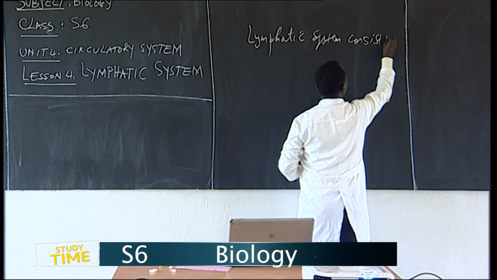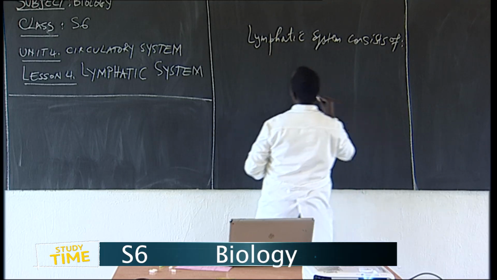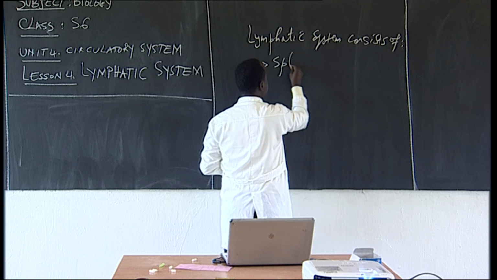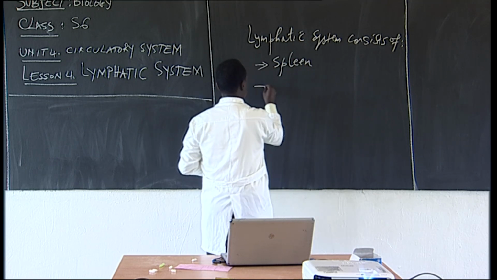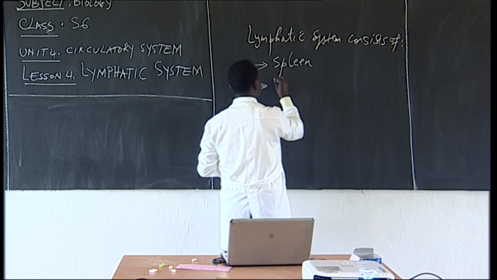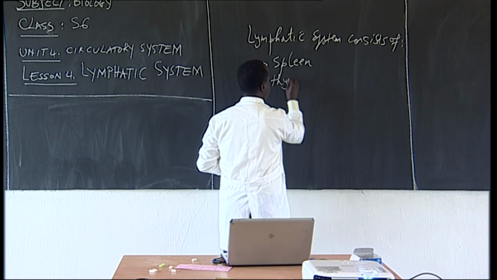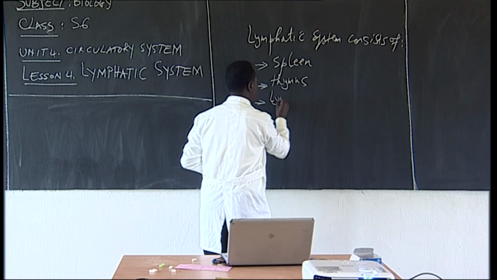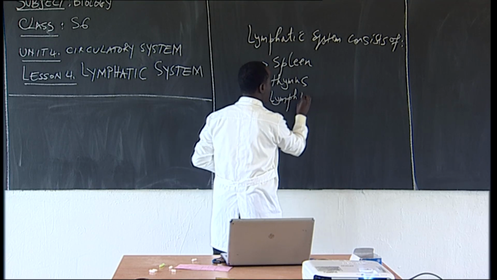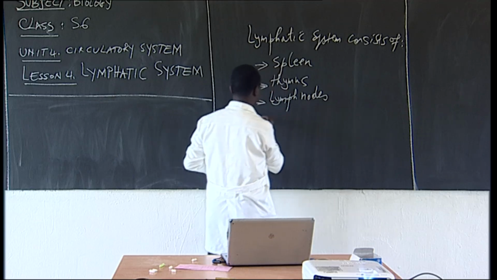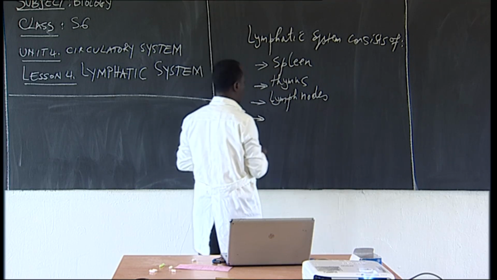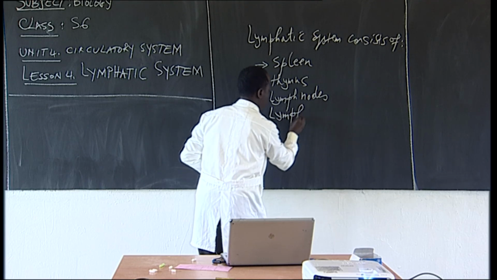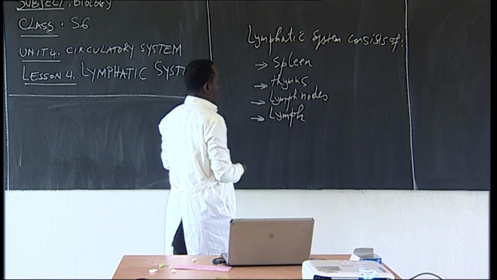It consists of the spleen, the second one the thymus, the third one lymph nodes, and then lymph.